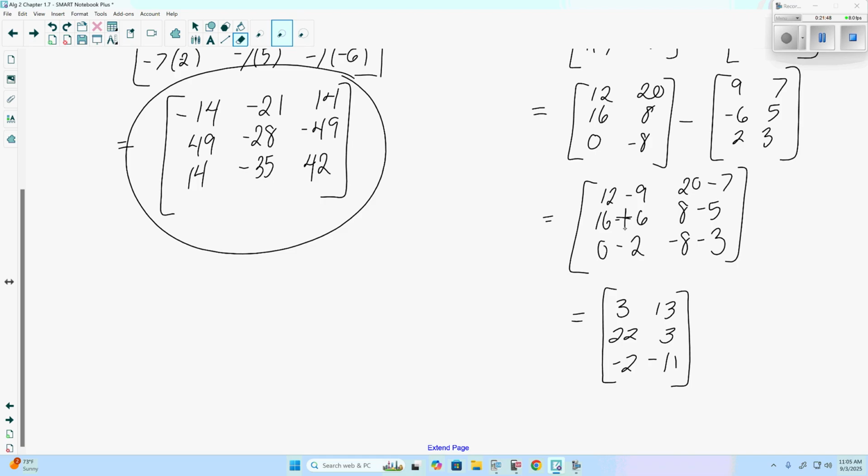And negative 8 minus 3 would be negative 11. Questions on this here? We're ready for the next piece.